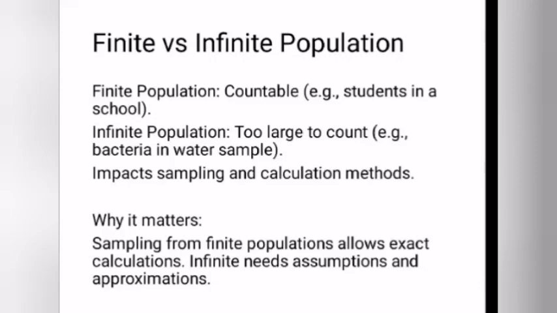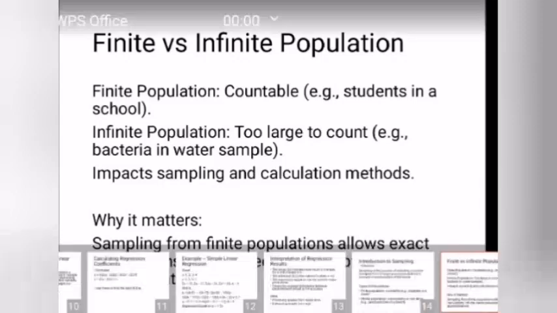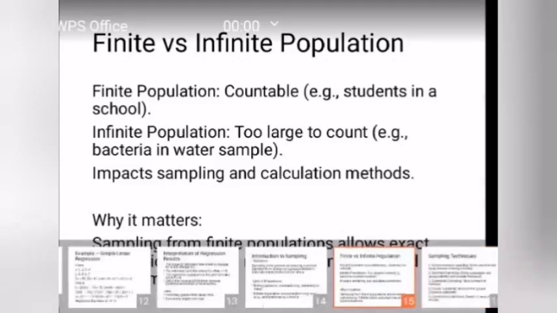You know how many you've picked and what is left in the class. With infinite, you cannot really know how many you picked. You just make assumptions and approximations, like getting a cup of rice, you don't know how many pieces of rice you've picked or how many are left in the bag. So that is infinite and finite, comparing both of them.